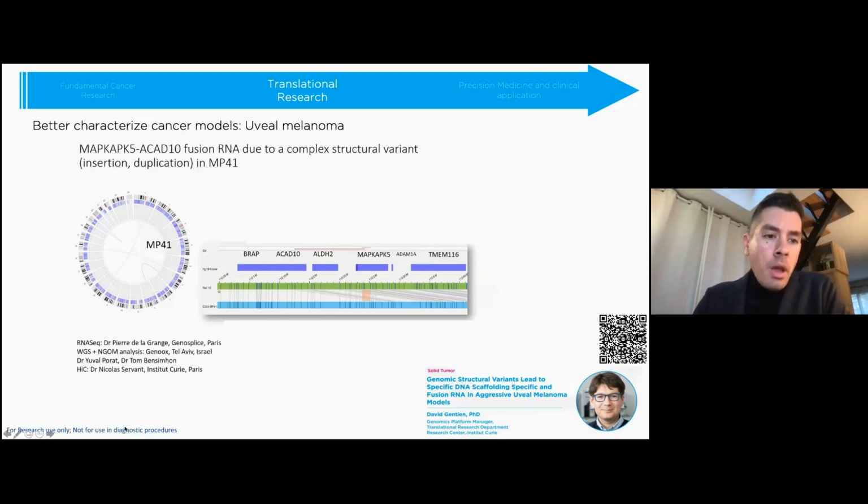So here, optical mapping detected a tandem duplication at this locus. You have this sequence here in the reference that actually aligns in the sample map over here, but also over there. This leads to a specific fusion between the ACA10 gene fusing with the MPK gene over there.